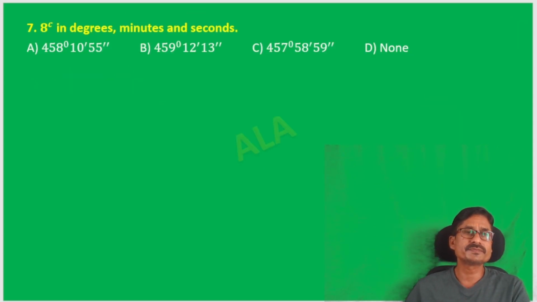Next problem. 8 radians in degrees and minutes. 8 radians we convert into degrees, minutes and seconds.